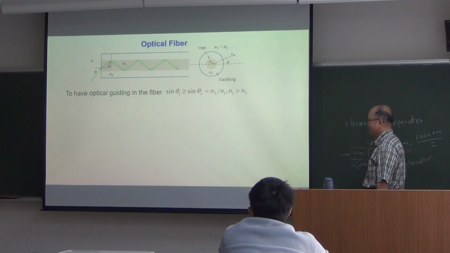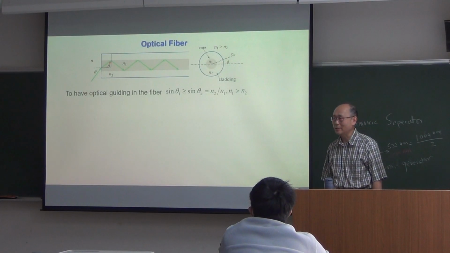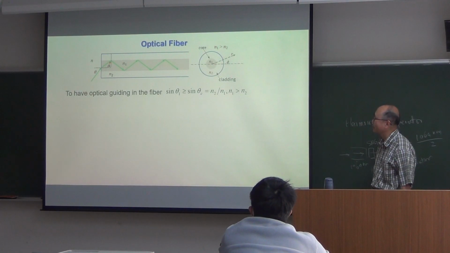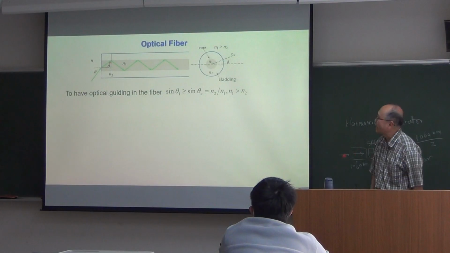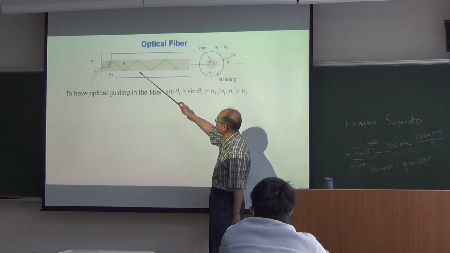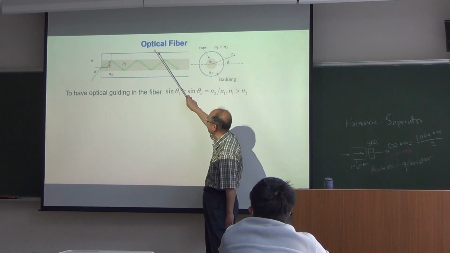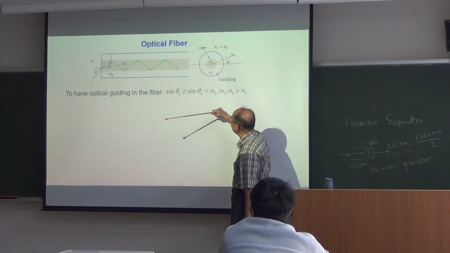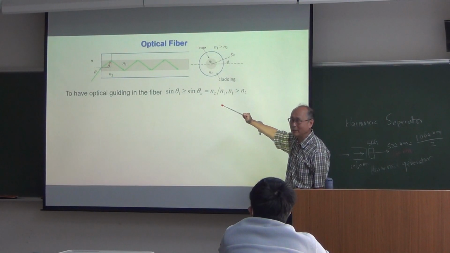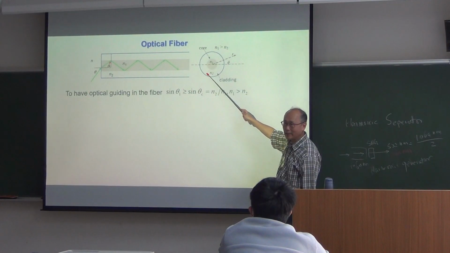All right, optic fiber. In the handout, we talk about this in chapter 0, but I wait until now to show you. Well, an optic fiber takes advantage of the total internal refraction inside the fiber structure. So in general, you have two parts in your fiber. One is the core, the other is cladding.